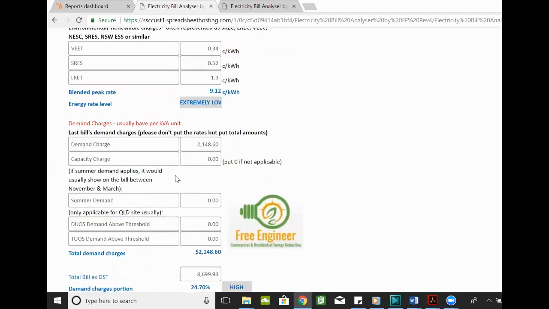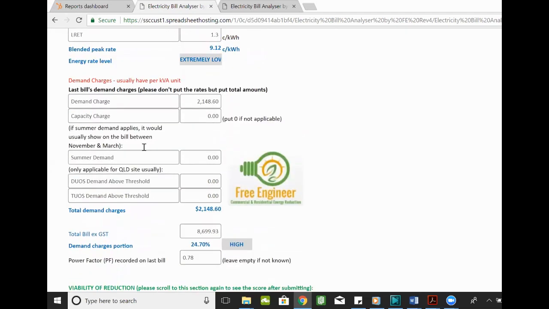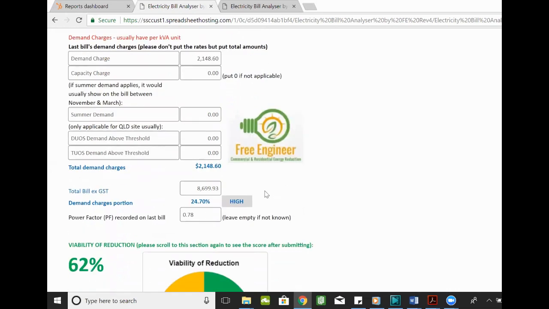However, we also need to analyze the demand charges. Power factor data in this case is not recorded on the bill. Sometimes it is, but in this case we had to consult the input data, and Free Engineer can help you liaise with the energy retailer to get the right data for you.